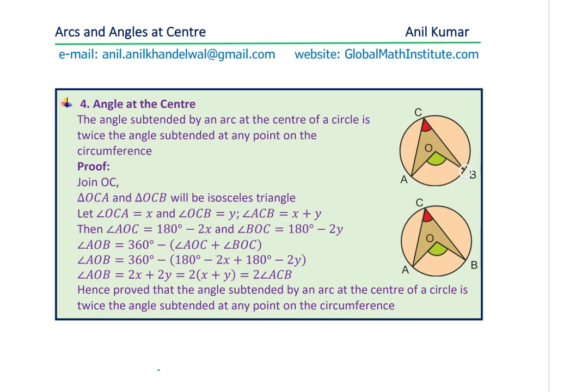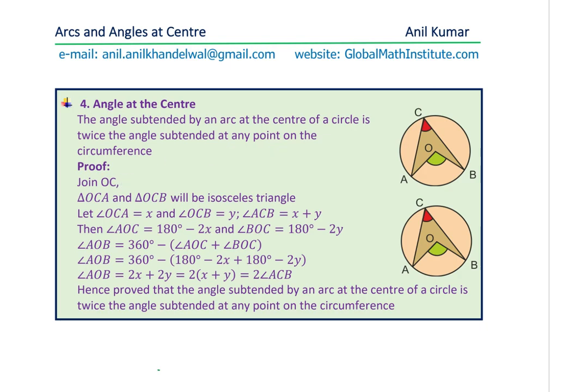So AB forms an angle at the center which is twice the angle formed at C on the circle itself. So that's the theorem. It says the angle subtended by an arc at the center of the circle is twice the angle subtended at any point on the circumference.